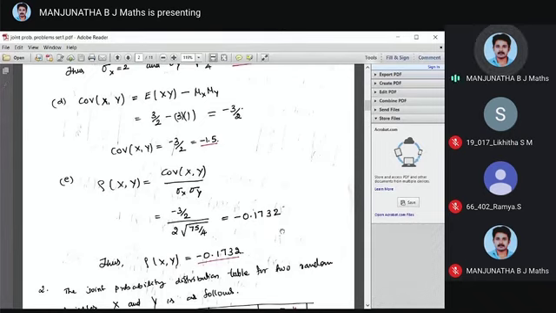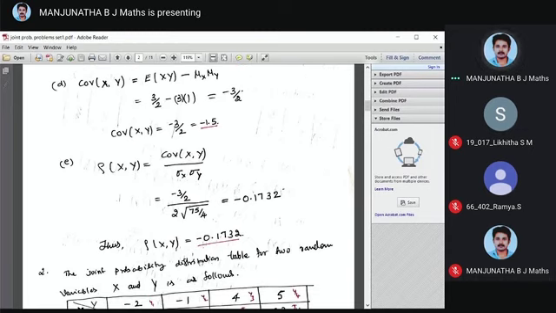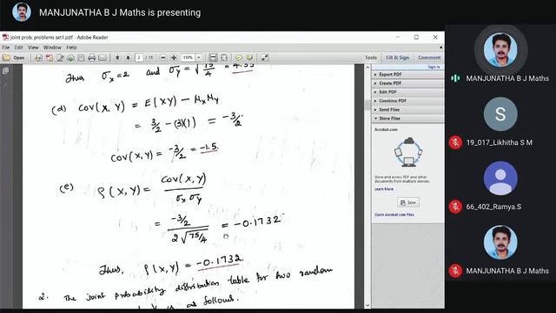Correct? You know our correlation always lies between minus 1 and plus 1. Therefore minus 0.17. Are x and y independent? No. If you see, covariance is minus 1.5, which is not equal to 0. Therefore given x and y are not independent.